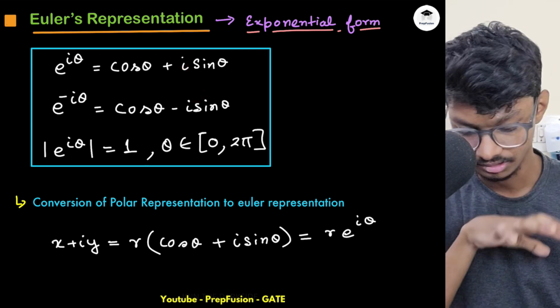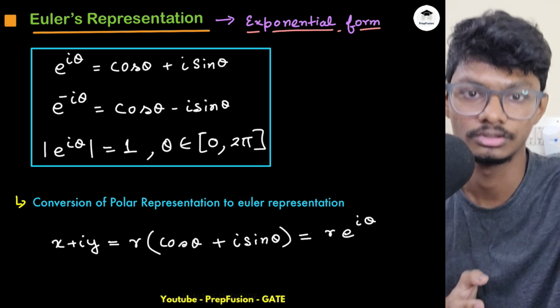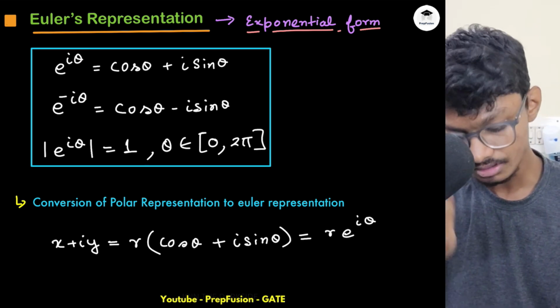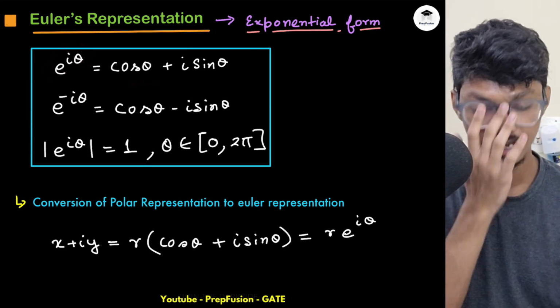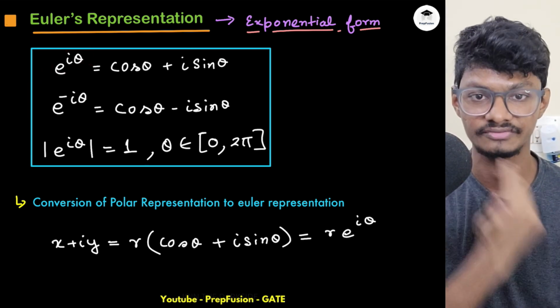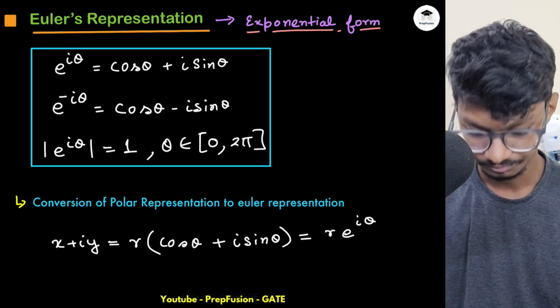The 2i gets cancelled, and at the end you will be left with e raised to power i theta only. So you can simply write this as a single term, and this helps us in computing multiplication, division, and many more applications in a much simpler manner.